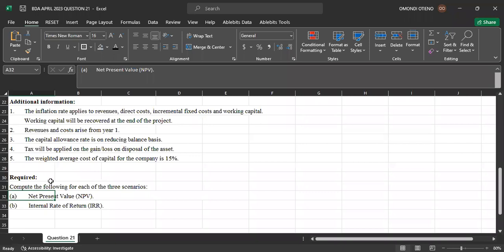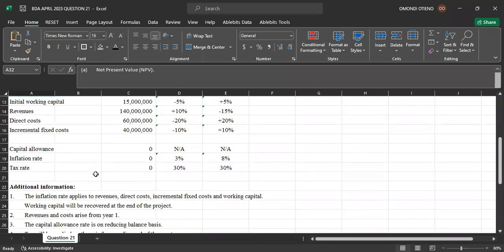That is what we are going to look at. In some questions, they are going to give you the net present value, the net cash flows and the cost of capital. In this question, you have to calculate the net cash flows by yourself. So that's what we are basically going to do here. And we have three scenarios.